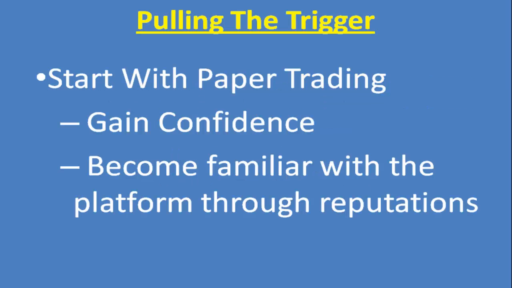So the first step in pulling the trigger is you want to start with paper trading. Once again, I recommended those platforms that you should use, which was TD Ameritrade or Options Express. You don't necessarily have to trade with those platforms, but I would say at least have an account with them so you can use the paper trading. Why? Because you want to be able to gain some confidence and become familiar with the platform through repetitions, right?